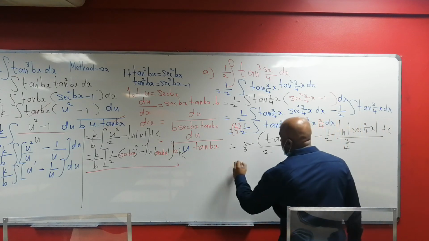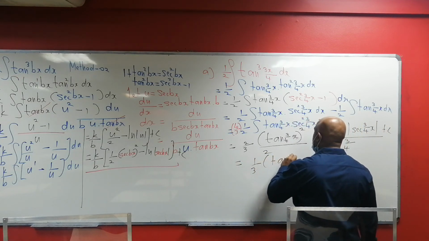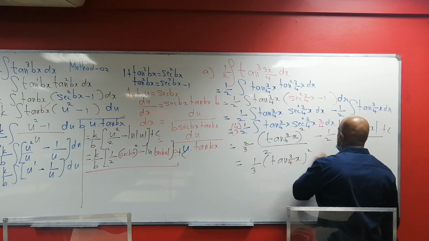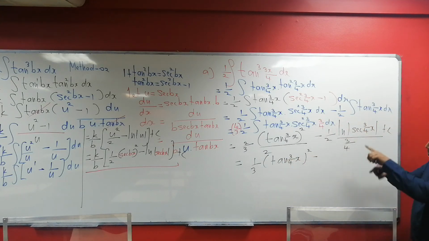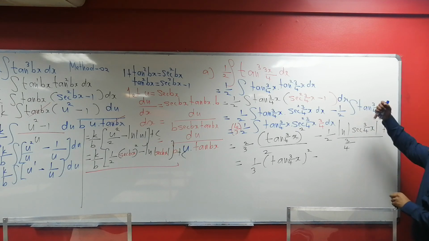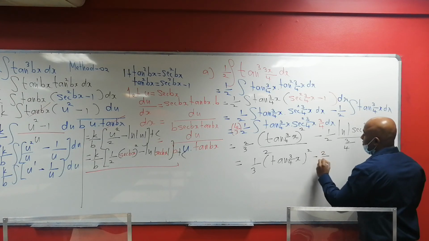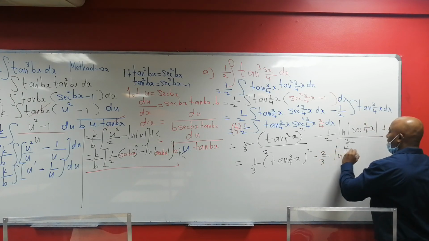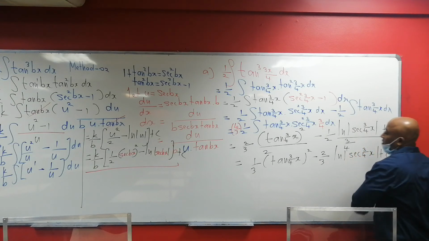Right, so now that's going to be 1 over 3 tan 3 over 4x all squared. Here, I got 1 over 2. I'll multiply by 4 over 3. So that's going to be 2 over 3 there. Ln sec 3 over 4x plus c.